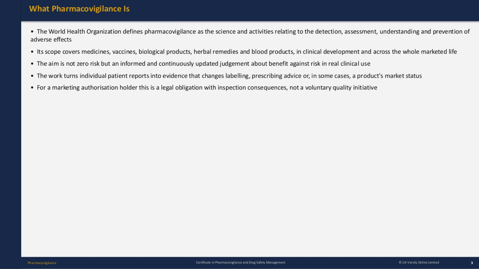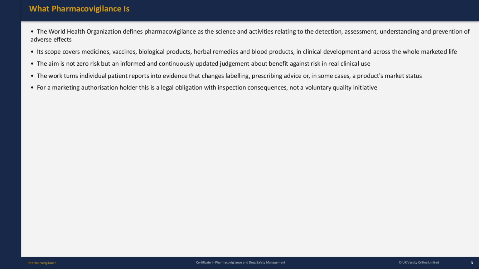The aim is not zero risk, but an informed and continuously updated judgment about benefit against risk in real clinical use. The work turns individual patient reports into evidence that changes labeling, prescribing advice, or in some cases, a product's market status.